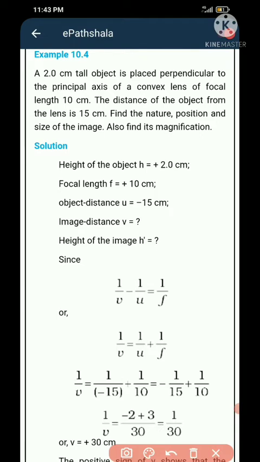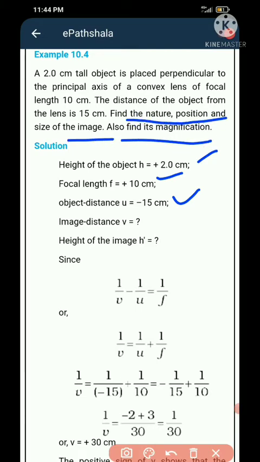Focus is real, so here real means positive, but in the mirror it is negative. So remember these things, it comes after lots of practice. The distance of the object from the lens is 15 centimeter. u is given, and u is always taken with the minus sign. So remember it. f is positive due to the real focus. Height of object is 2 centimeter. Find the nature, position and size of the image.